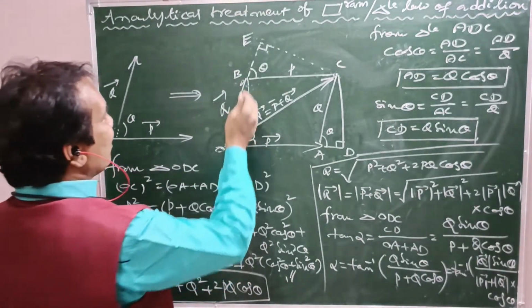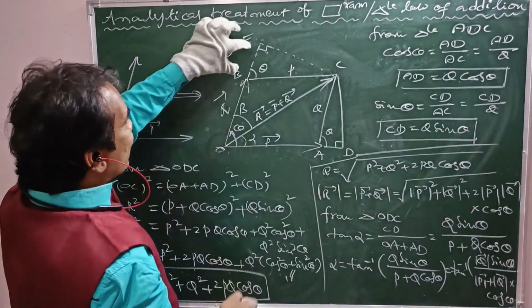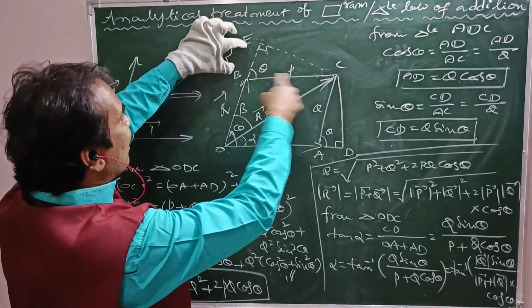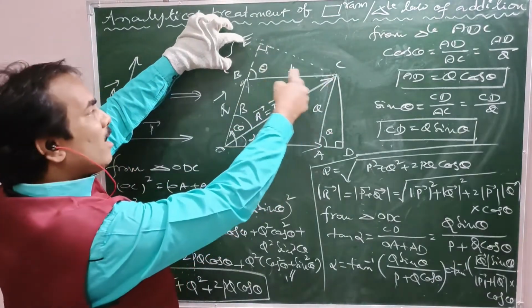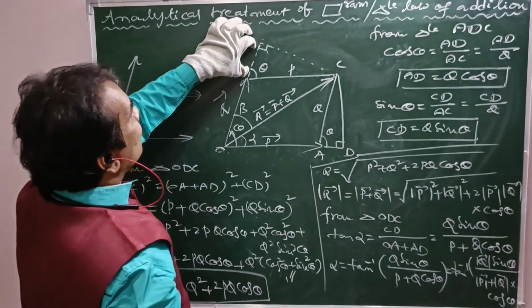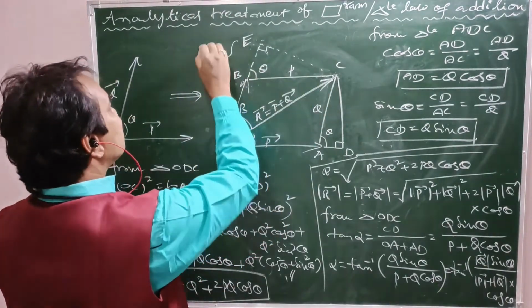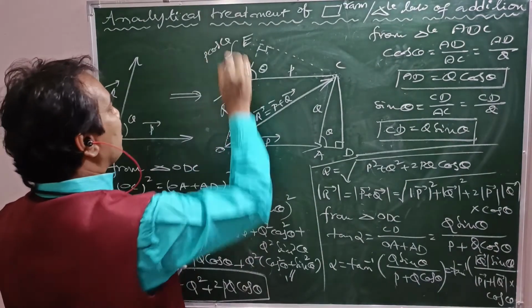So in this side, definitely BE becomes the adjacent of the smaller right angle triangle. See, this is the smaller right angle triangle. In this triangle, this is the adjacent side. Adjacent in the sense P cos theta. As it is P, this becomes P cos theta.